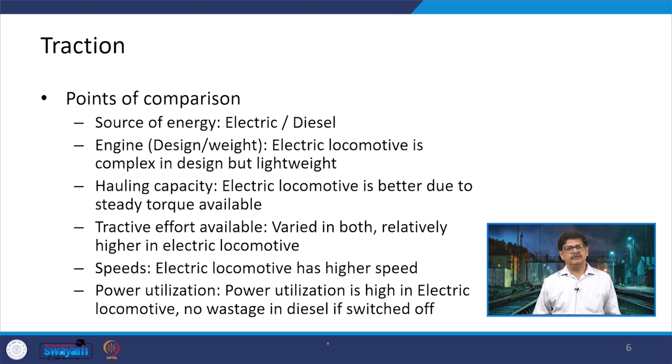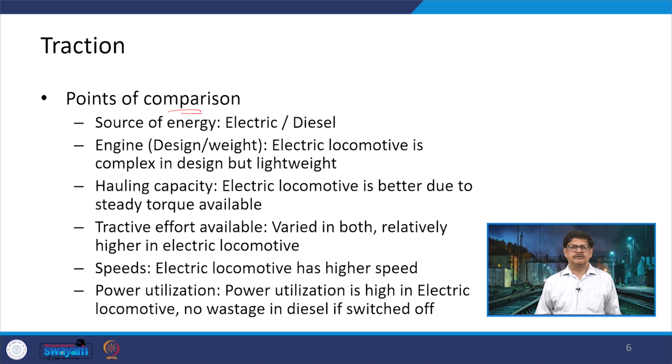Now, when we have an idea of the points which need to be considered, let us have a comparison across two of the locomotives which are still in use, that is electric locomotives and diesel locomotives. There are n number of points of comparison, and we are going to look at all those points one by one. The very first one is the source of energy.